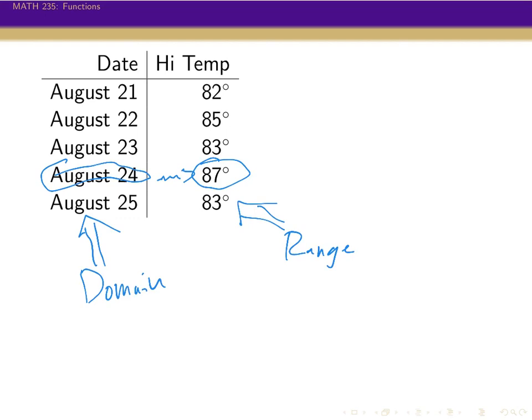Of course the answer is no, because 83 degrees appears in here twice. If you had such a function and you plug 83 degrees in, how would it know how to choose between August 25th or August 23rd? So for this set of data, the only way to think about it as a function is for the date to be the domain and the high temperatures to be the range.